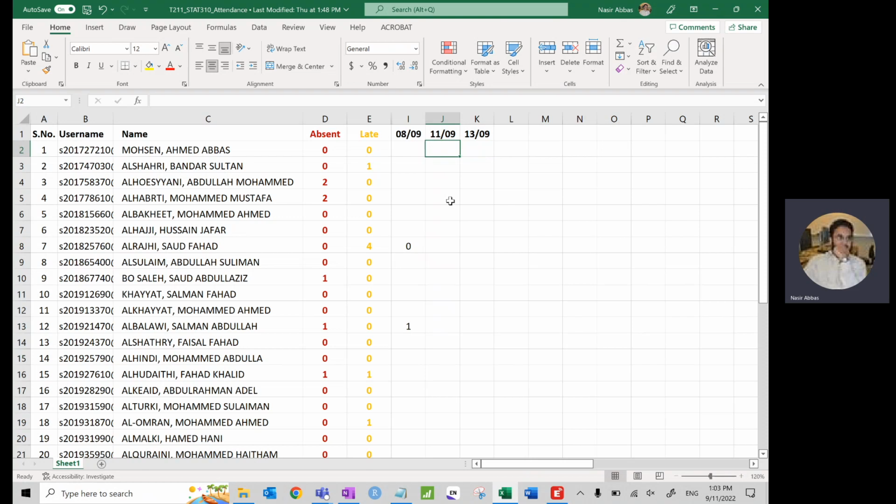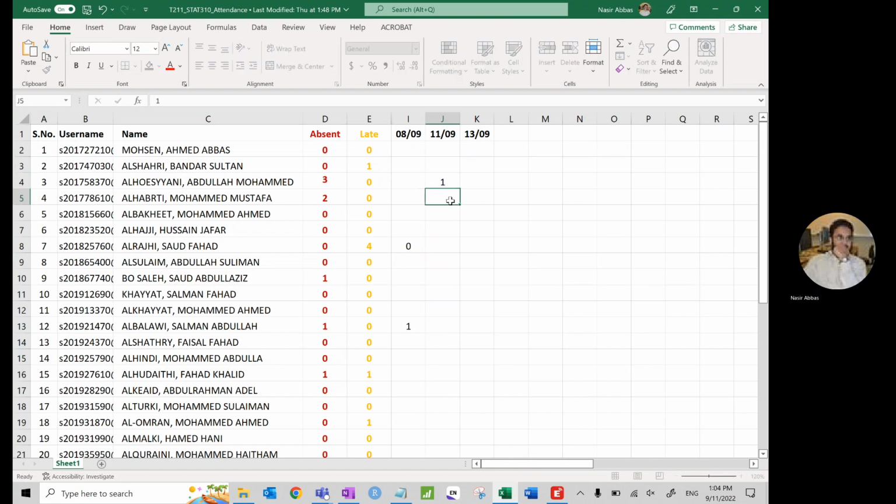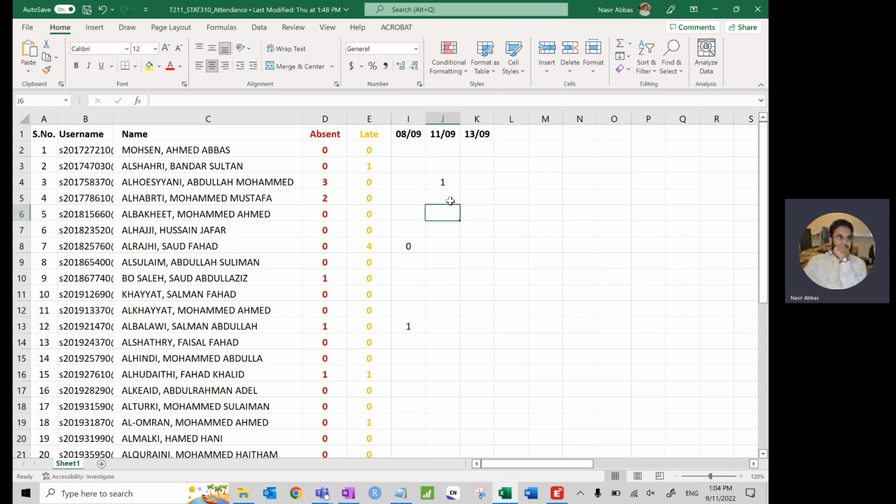Ahmed Abbas. Mahinder Sultan. Yes. Abdullah Muhammad. Ahmad Mustafa. Yes. Muhammad Ahmad. Hussein Jafar. Yes. Saud Fahad. Yes. Abdullah Suleiman.